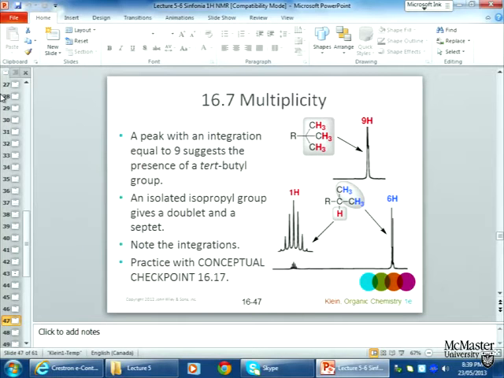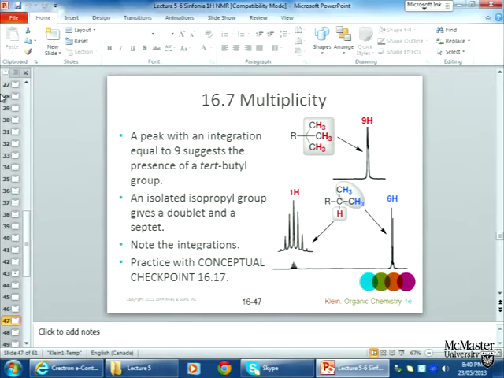It's a quaternary carbon. So those methyl groups have no neighbors. That gives rise to a nine-hydrogen singlet. You see a single peak for a total of nine hydrogens integration. That is very indicative of a tertiary butyl. And you will get more familiar with these sorts of patterns through practice.